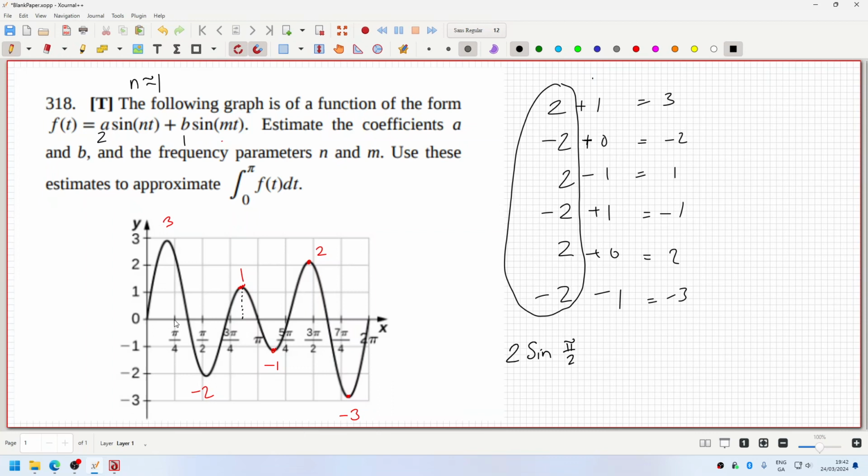Kind of close to a half. Because 2 sine 0.5 times pi/4. So it's roughly... no, sorry, what am I saying? It needs to be roughly 2.